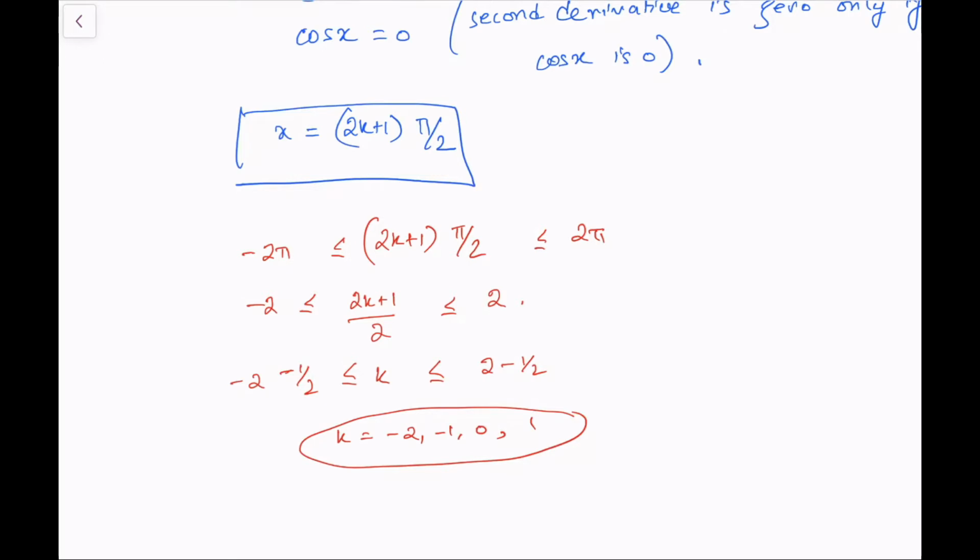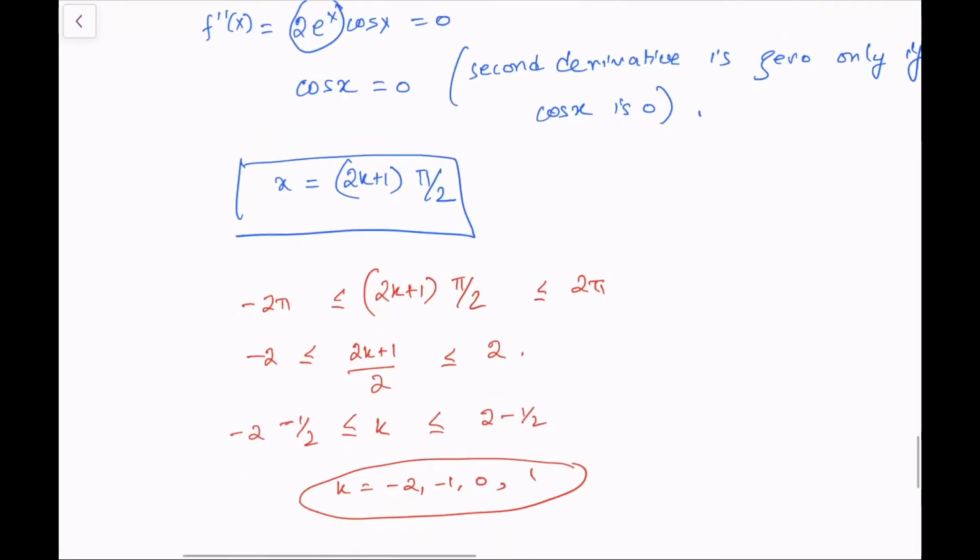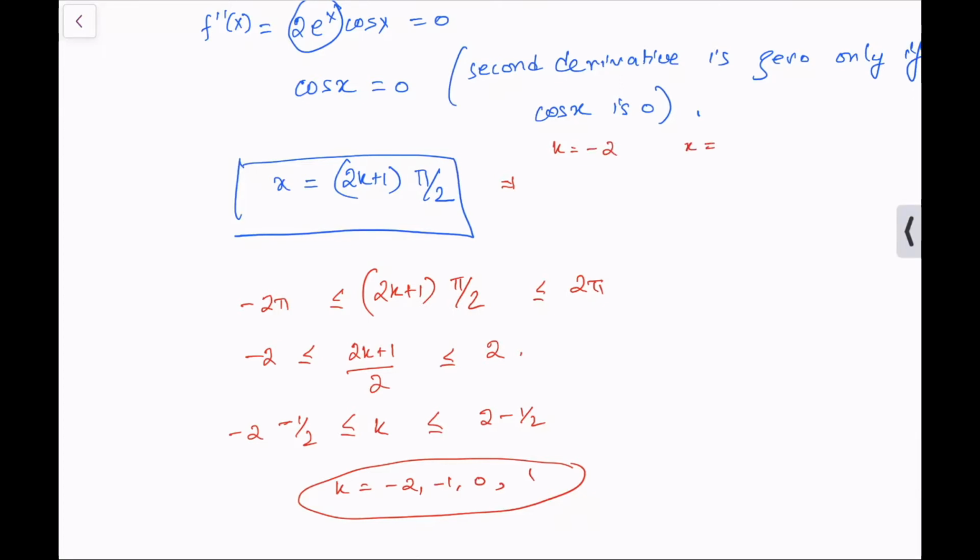Now this gives us a description of what the value of x is. So when k is equal to negative 2, x is equal to negative 3 pi by 2. When k is equal to negative 1, then x is equal to negative pi by 2.